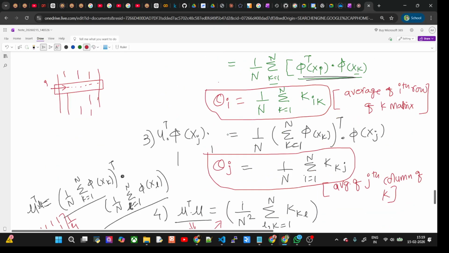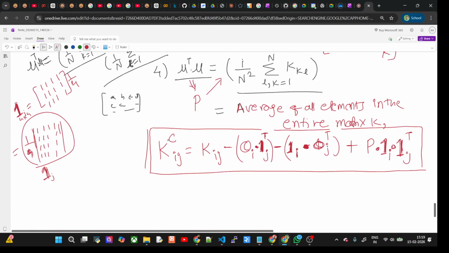And how can you center? You can directly use this formula here. This is the centering, step number 2: centering of higher dimension data. It's not lower dimension, it's higher dimension, and even infinite dimension. If it's a polynomial kernel it's finite, but if it's a Gaussian kernel it's infinite.